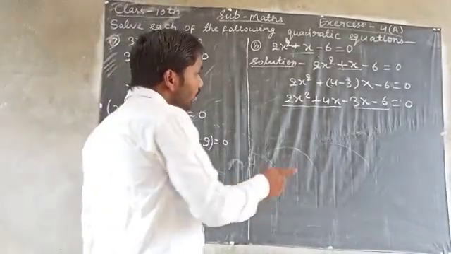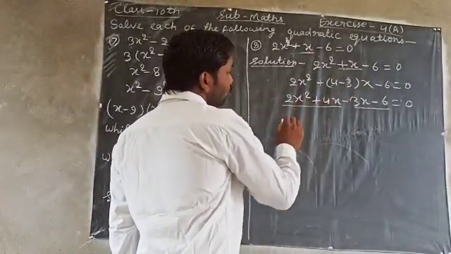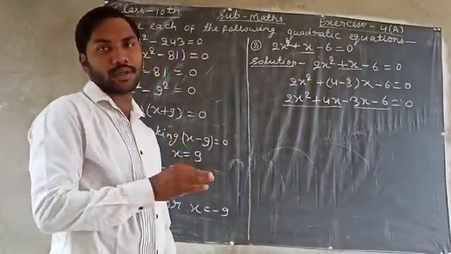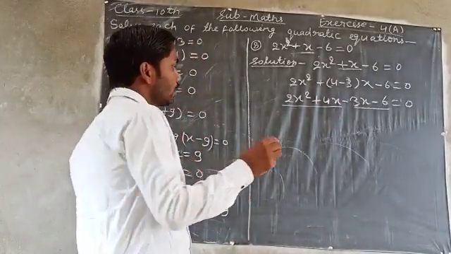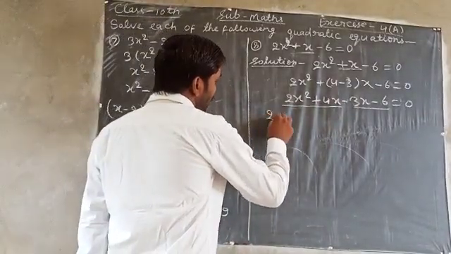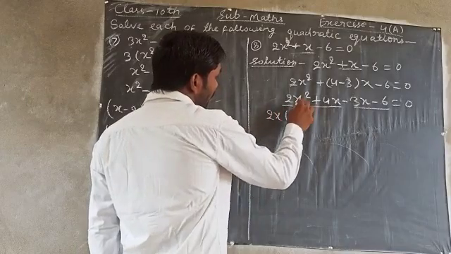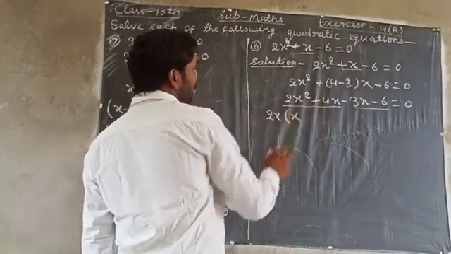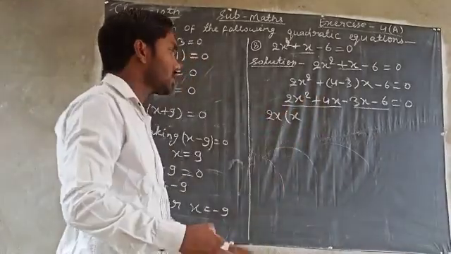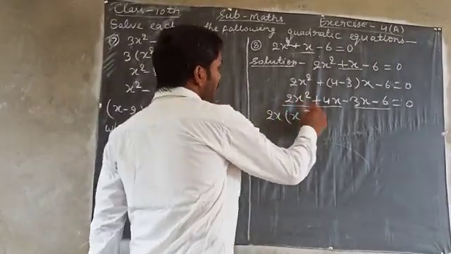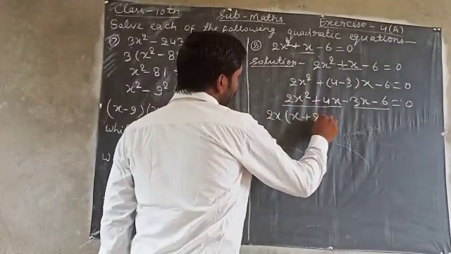You can see here 2x is the common factor in both terms. So take common 2x. Here it will remain x, because it is x square. When we take common x, it will remain x, and here it will remain 2. So x plus 2.